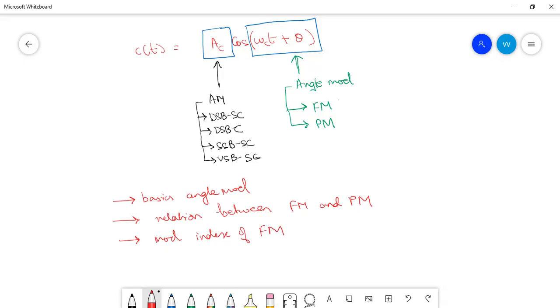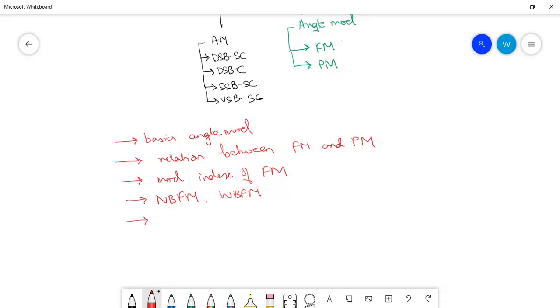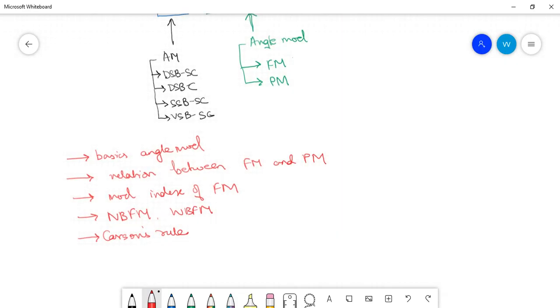We would see narrow band FM, what exactly is wide band FM, and also something called Carson's rule. So this is the basic overview of this lecture.